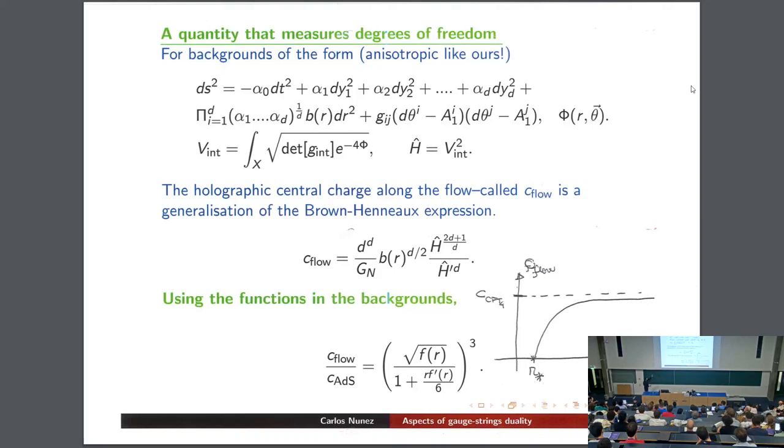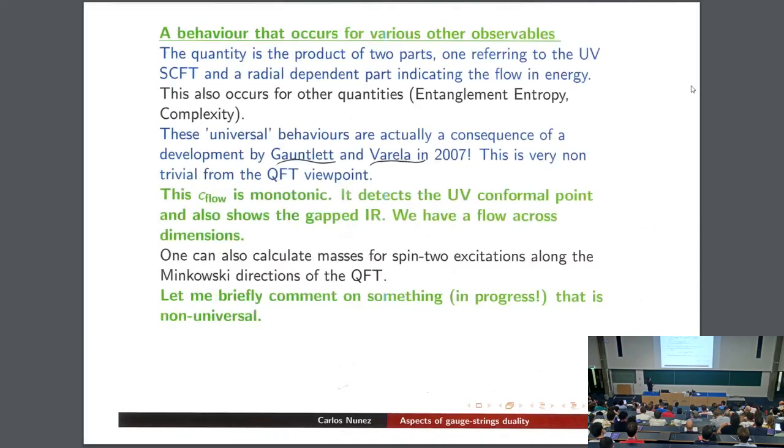So there is something quite universal here: this quantity and many others basically break up into a quantity that refers to the UV CFT and a quantity that refers to the flow. Okay? And this phenomenology happens for many other observables. I'm indicating here some of them: the entanglement entropy, the complexity, but there are some others.